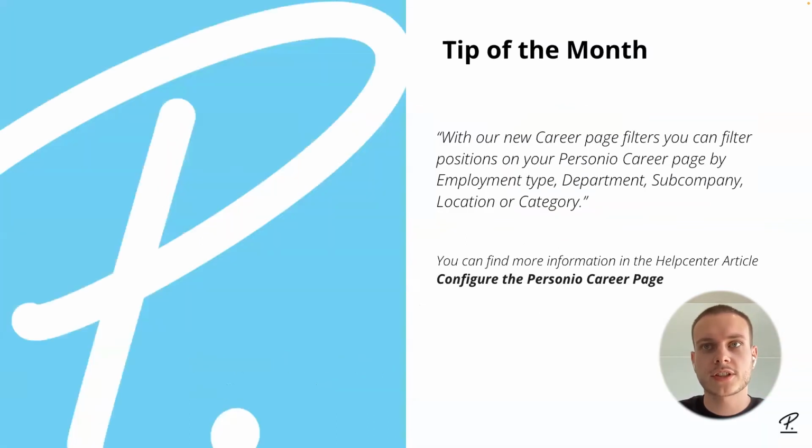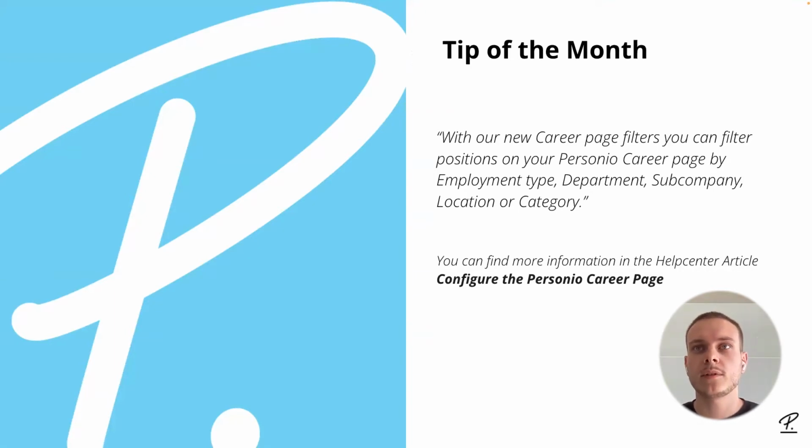Before we jump into today's agenda, I have the tip of the month for you. Now it's possible with the career page to enable filters. So your applicants can now much more easily find the specific position they're interested in, especially if you have lots of open positions published on the Personio career page.